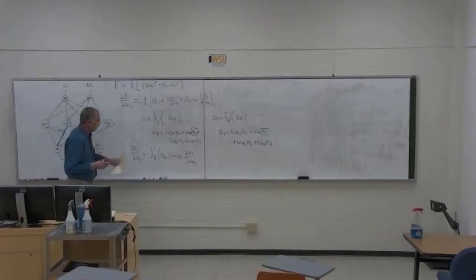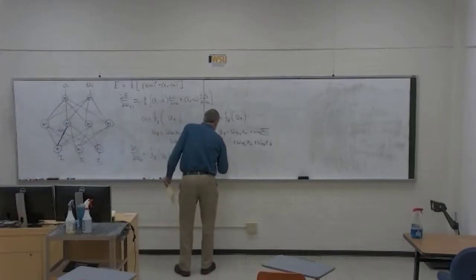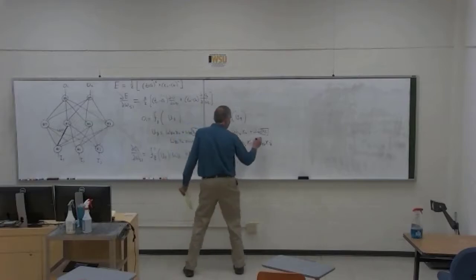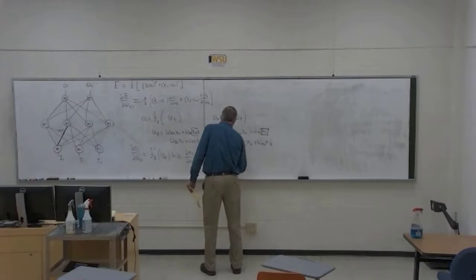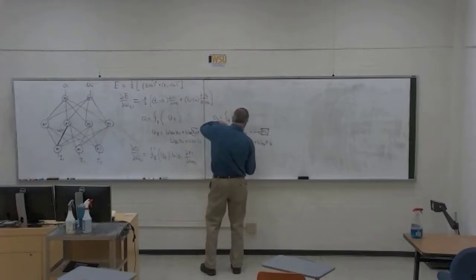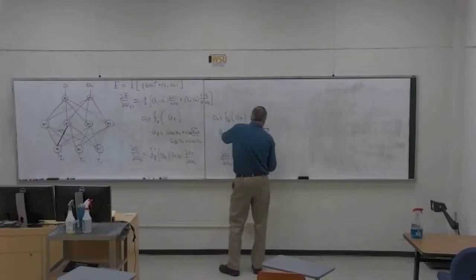Yeah, so we're good. And the same thing over here. The derivative of O2 with respect to W51. Again, X5 is the only one that depends on that. And so we get F prime of F9, and then the derivative of what's inside.